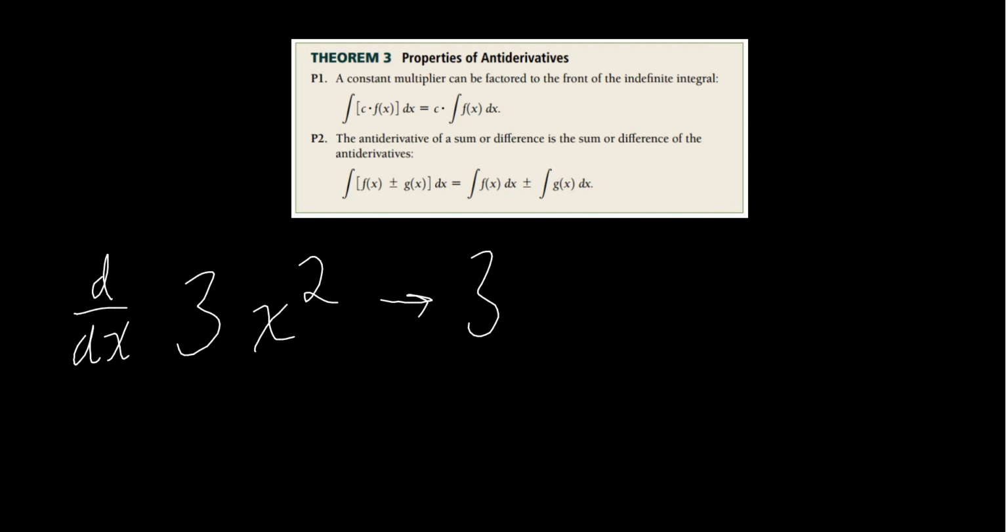We put the 3 out front, and then we take the derivative of the variable. And of course, the derivative of x squared is 2x, and then the 2 multiplies by 3, and we get 6. Okay, so we don't do it this way technically. Well, no, I'll take it back. Technically, we do it this way. We just don't write it down like this. Right? So that's essentially what we're doing here.